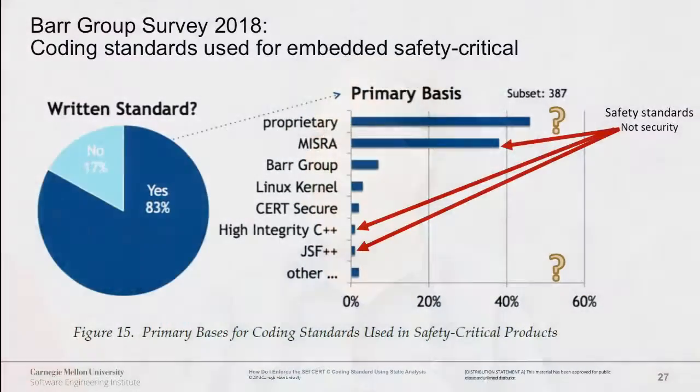So I think we have the next poll, which was around what standards you are using, and there's a whole bunch of them out there, right? We see here High Integrity C++, which is kind of taking off for the new modern versions of C++. We see here Linux, the Linux kernel. Yeah, Linux kernel coding standards. We obviously see CERT. The JSF, if you're not aware, that's Joint Strike Fighter, used for the F-35 program.